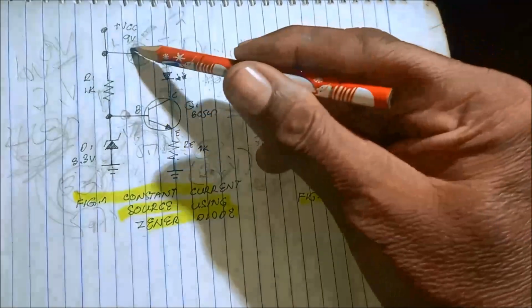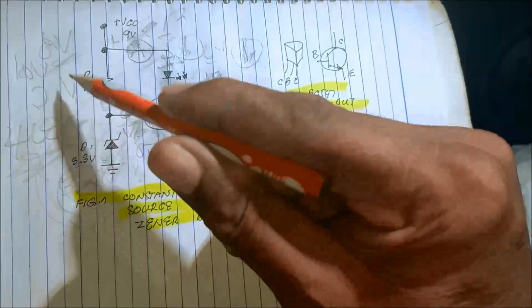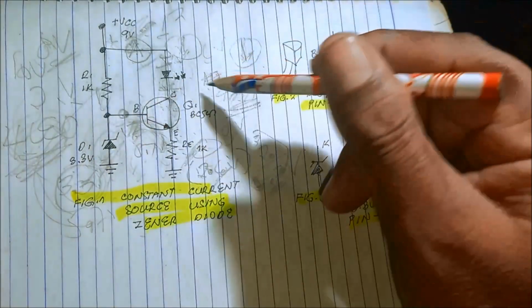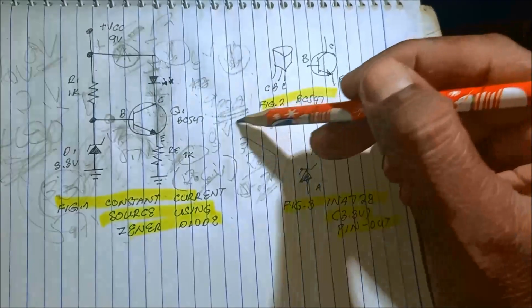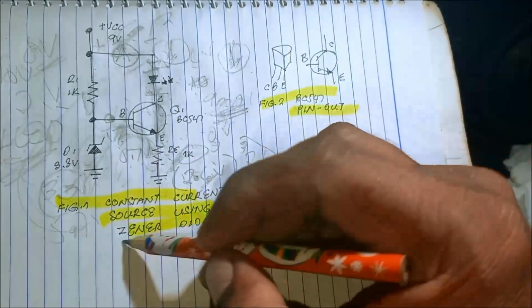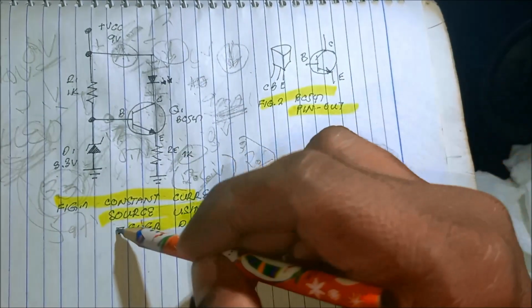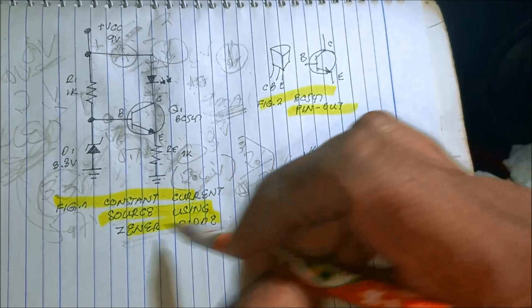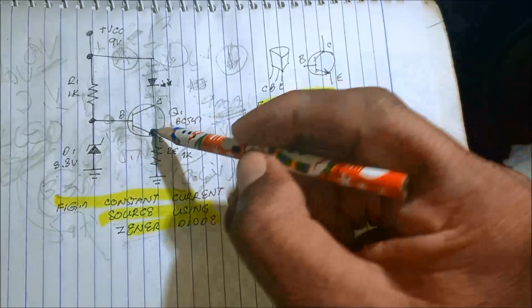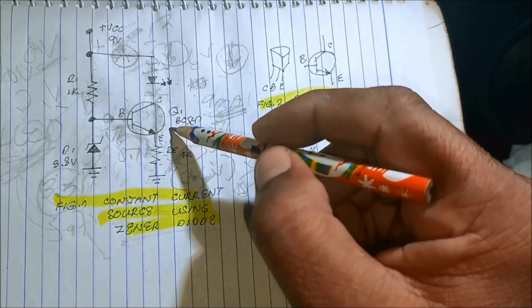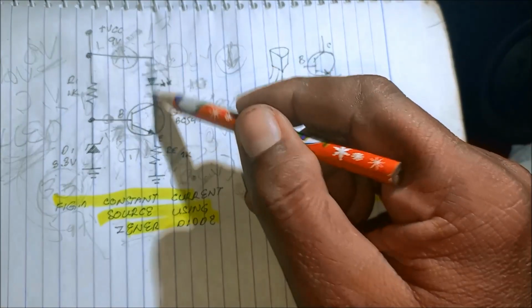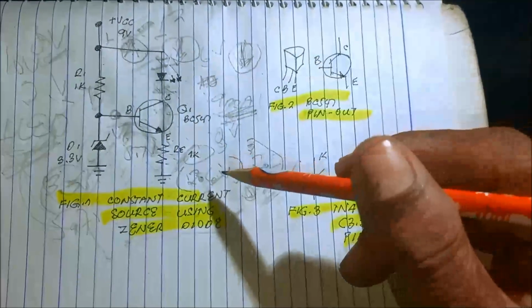So for the 9 volt supply, we just need 3 LEDs with a constant current of 9 milliamperes. So the purpose of using this constant current source using a Zener diode is to drive the LEDs, to serve as an LED driver. The LEDs must be connected in series.